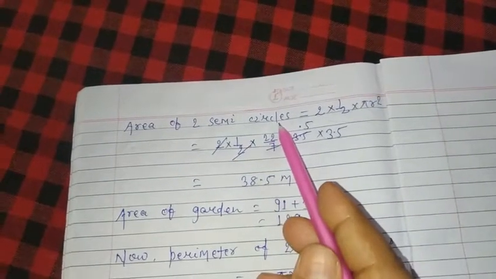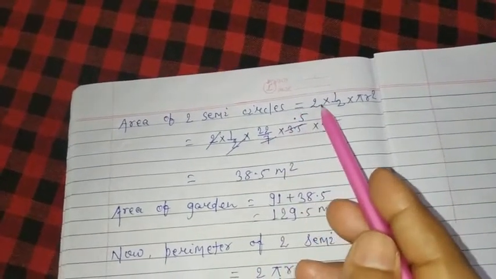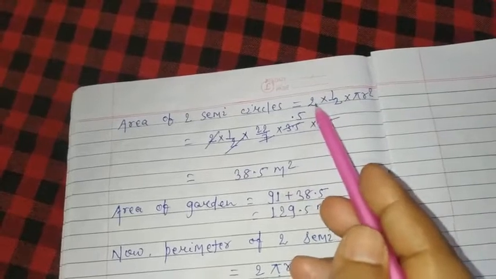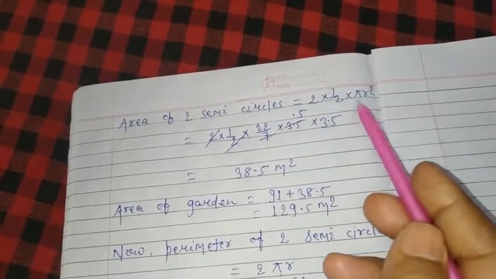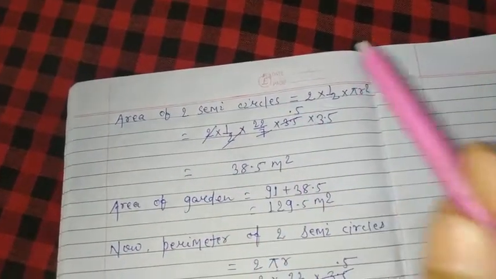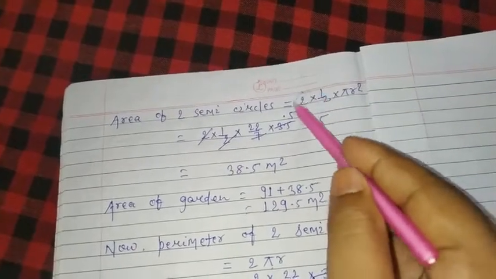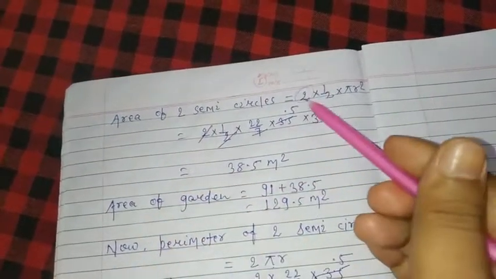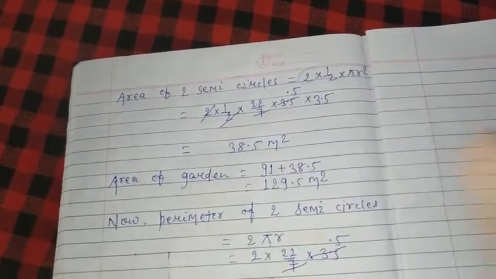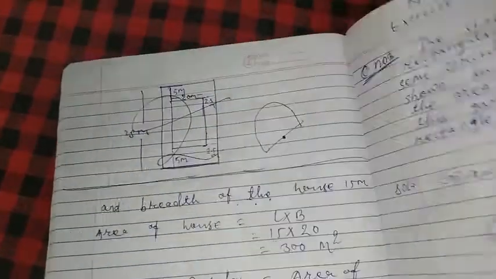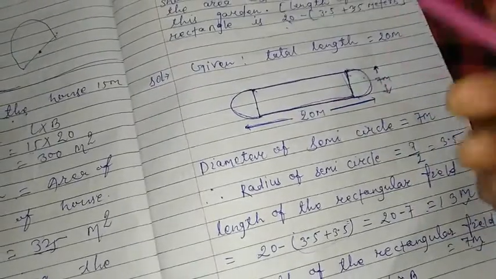and the area of the semicircles, as I have written, is 2 multiplied by 1 by 2 pi r square. This 2 indicates that there are 2 semicircles. As you can see in the figure here, there are 2 semicircles.